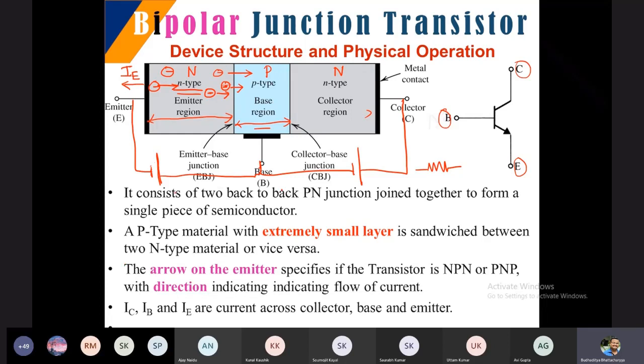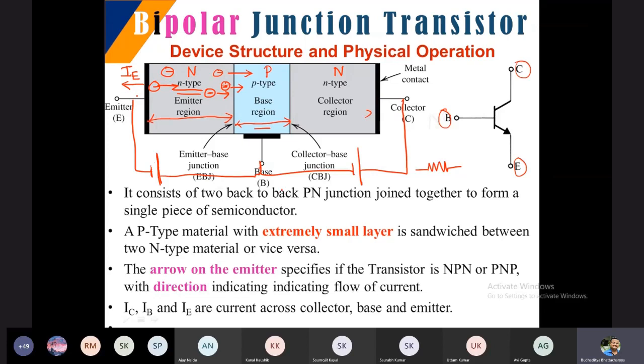I've mentioned in the last point over here that IC, IB, and IE are the respective currents generated due to this movement of the electrons. And if you check the direction of this IE, it is coming out of the emitter. It's a physical current coming out of the emitter.